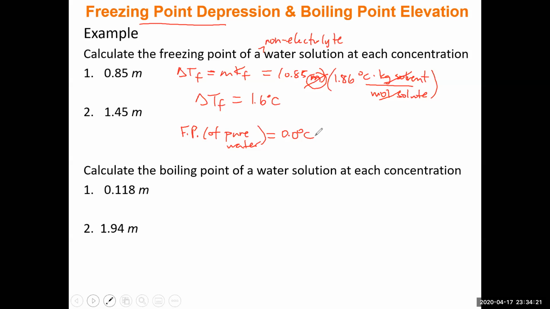And now it has been depressed by 1.6 degrees Celsius in this new solution. So the freezing point of this non-electrolyte solution is equal to negative 1.6 degrees Celsius. And that will be your final answer.